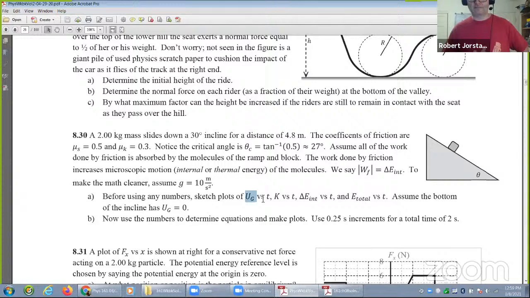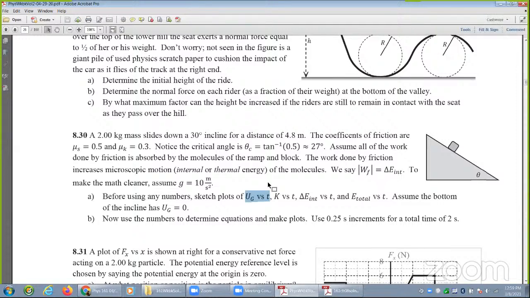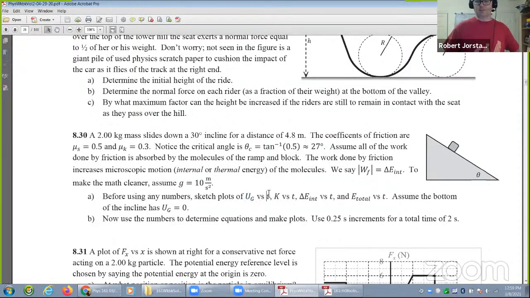All right, making some plots. What do you think the plot of gravitational energy versus time should look like? Is it going to be flat, going up, or going down? Shouldn't it be flat? Is your gravitational energy staying constant as this thing slides down the ramp?